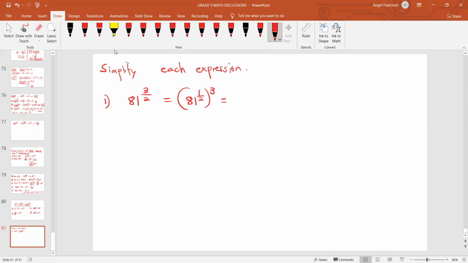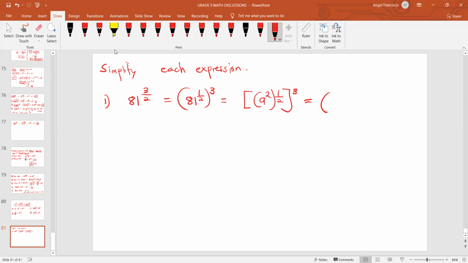Equal sa, pwede nating ilagay ito na 81 raised to the power of 1 half, yung nasa labas. And then, yung 81, pwede nyo gawing 9 raised to the power of 2. So 1 half yon. And then raised to the power of 3, nasa labas.